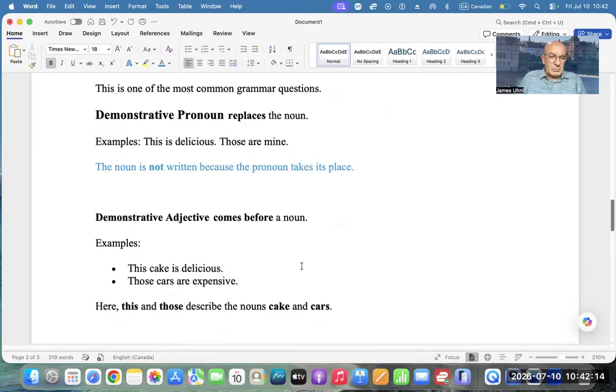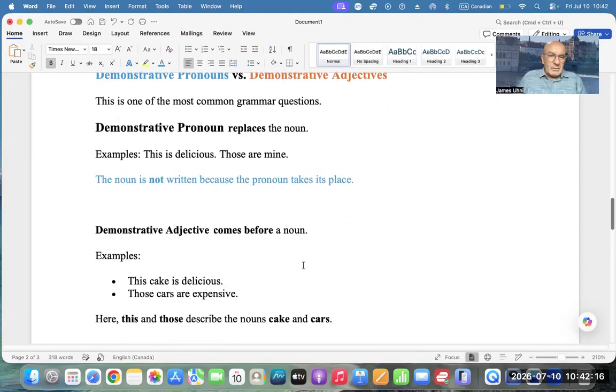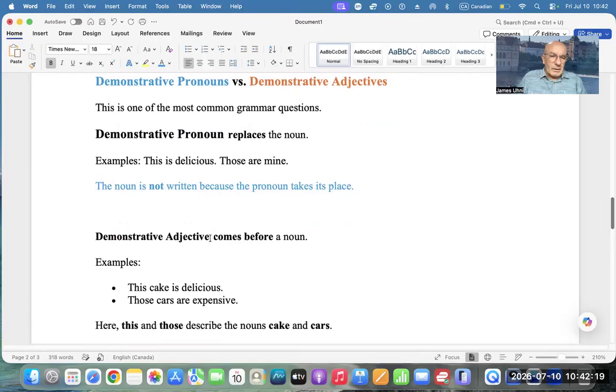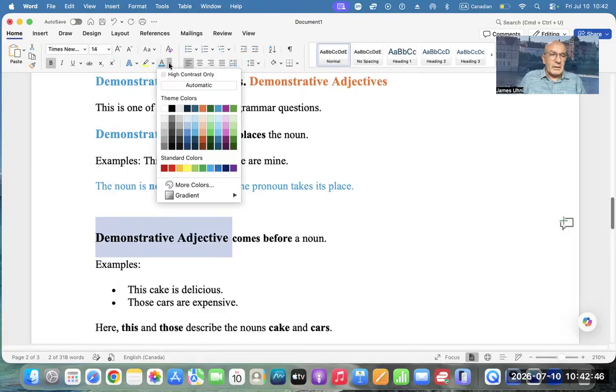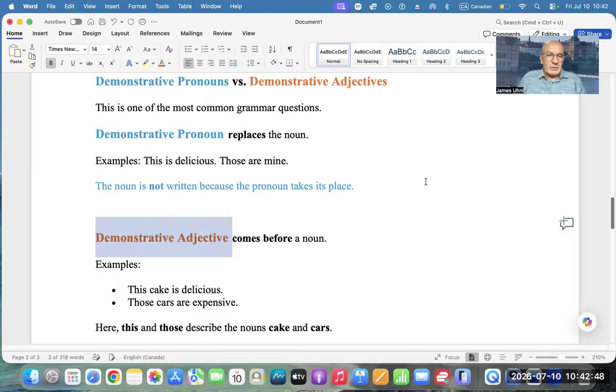Demonstrative pronoun, again, blue. This is demonstrative adjective, bigger, to have it uniform with this color.